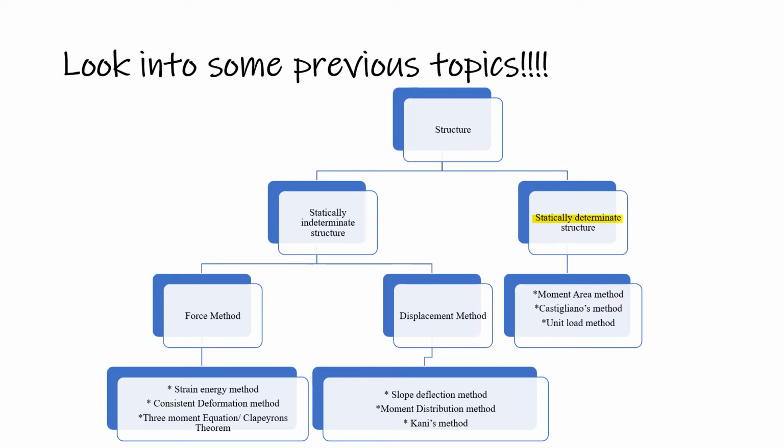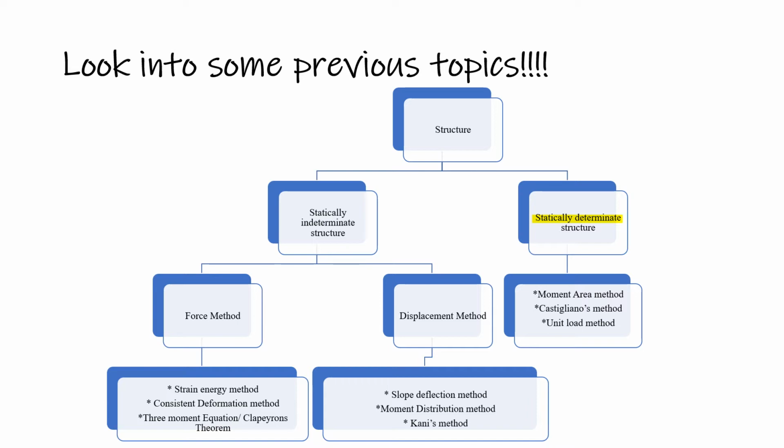And the conditions of equilibrium are sigma Fx equal to 0, sigma Fy equal to 0 and sigma M equal to 0, where sigma Fx is the sum of horizontal forces, sigma Fy the sum of vertical forces and sigma M the sum of moments of forces about any axis. Examples of statically determinate structures are simply supported beam, cantilever beam, etc.